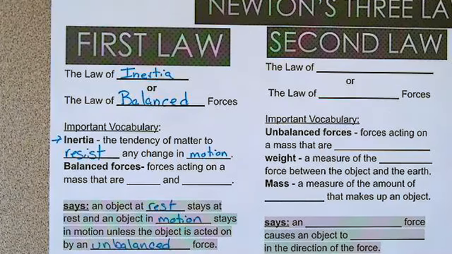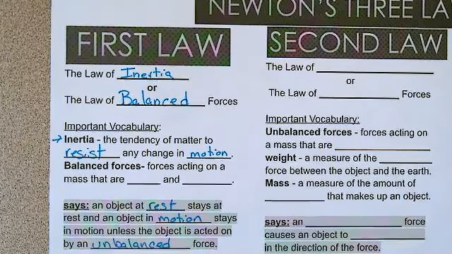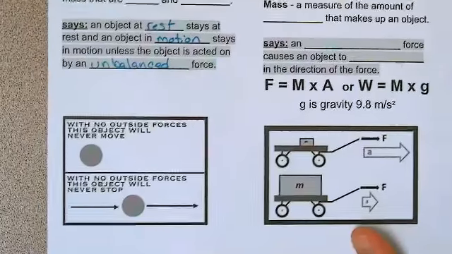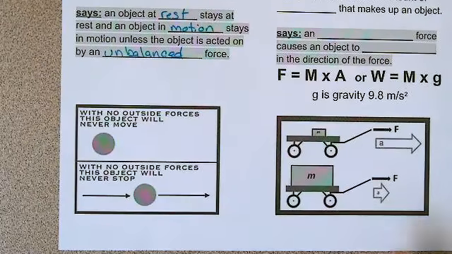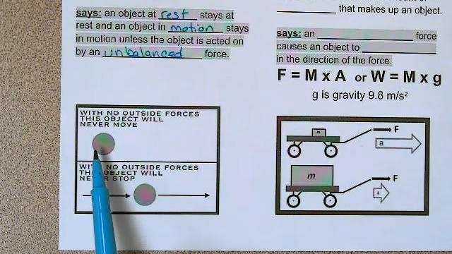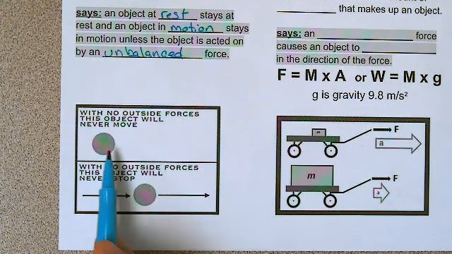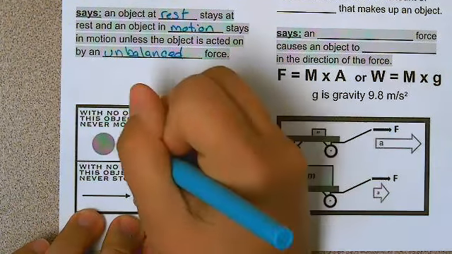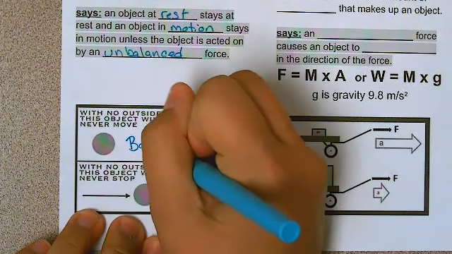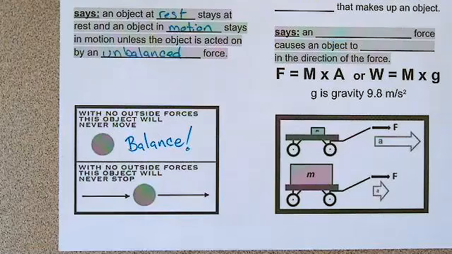Okay, so when we're looking at an example here for Newton's first law, we're looking at a ball rolling across the floor. If the ball is sitting there, it's not going to move. It's never going to move unless an unbalanced force acts on it. So currently, all the forces are balanced. That's why it's not moving.